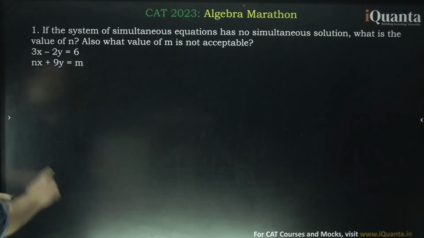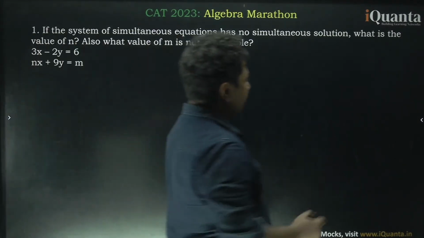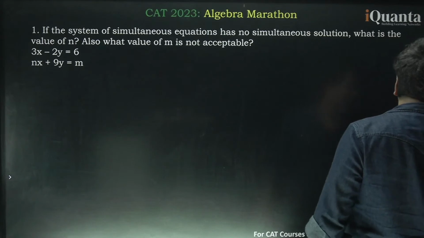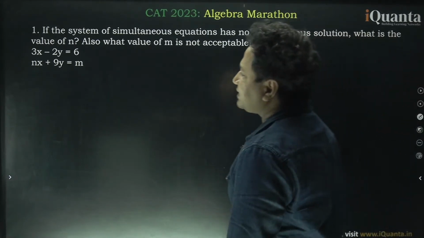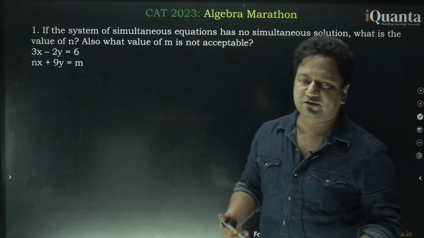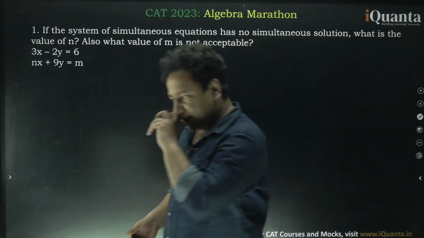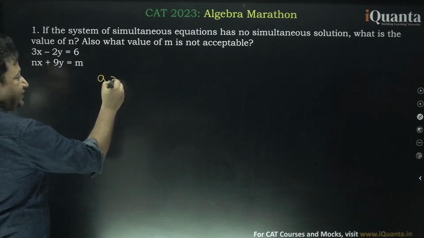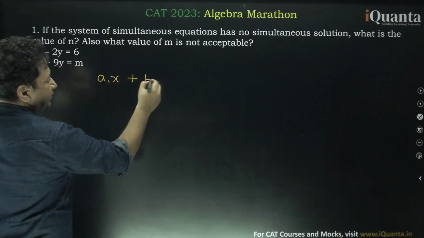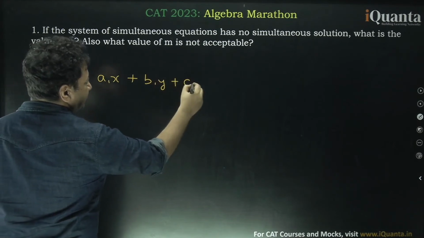Whenever we have a system of equations, which means here we have two variables x and y, and we have two equations, so of course we can try to find out the answer. Let us say we have a system of equations like this: a1x plus b1y plus c1 equal to 0.